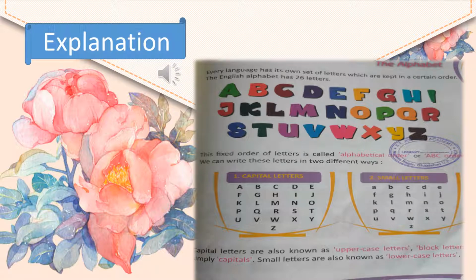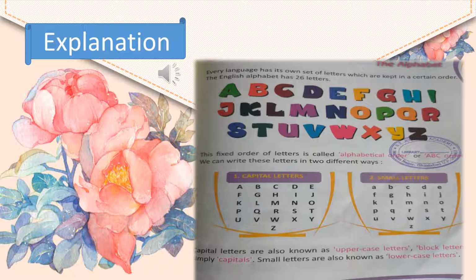Every language has its own set of letters which are kept in a certain order, like Hindi has Hindi alphabets, English has English alphabets. There are 26 letters in the English alphabet, and this fixed order of letters is called alphabetical order or ABC order.